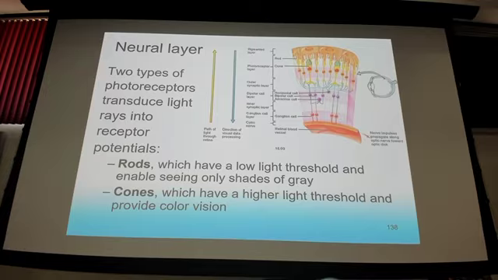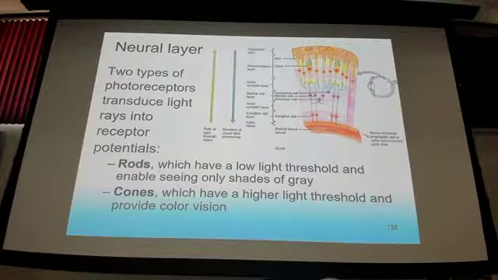When we look at the neural layer, just looking at the rods and cones, rods are what pick up the differences between darker shades, like shades of gray, black as we call it, nighttime. That's your rods. Low light threshold. You have a lot of rods. Cones have a higher light threshold, and you have color vision because of the cones.